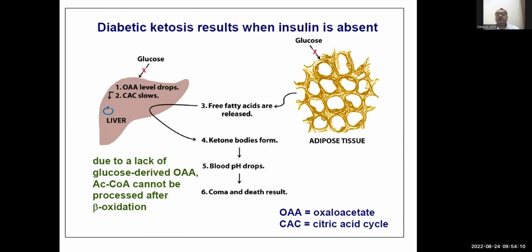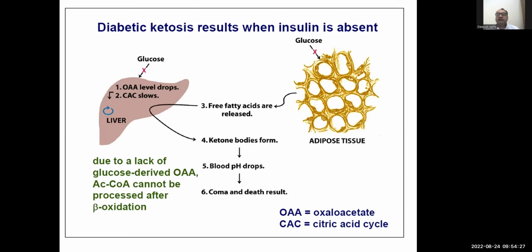And in which condition will diabetic ketoacidosis result? When the insulin is absent. Actually, in normal metabolism the production of the ketone bodies and their utilization are balanced.